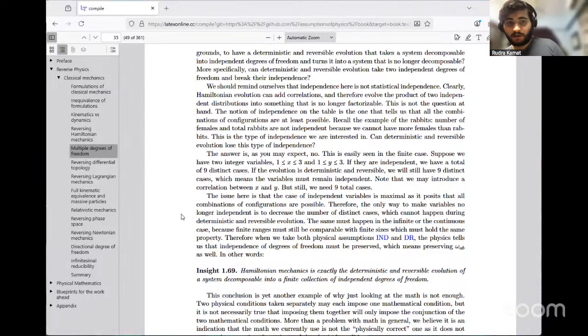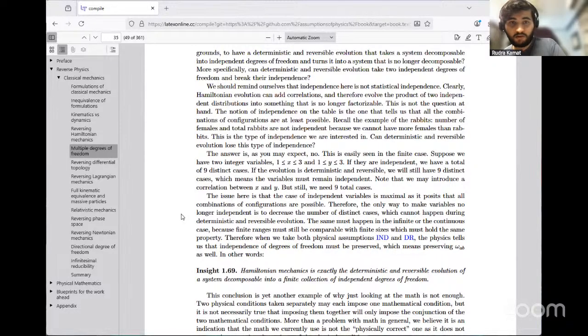We should remind ourselves that independence here is not statistical independence. Clearly, Hamiltonian evolution can add correlations and therefore evolve the product of two independent distributions into something that is no longer factorizable. This is not the question at hand.